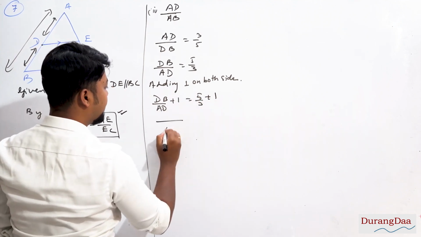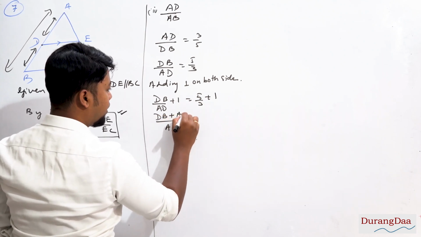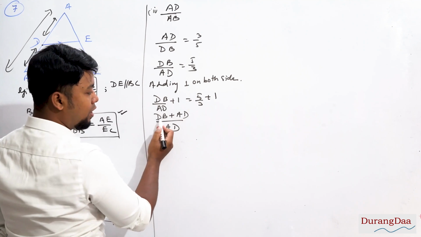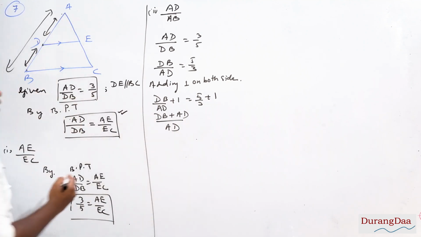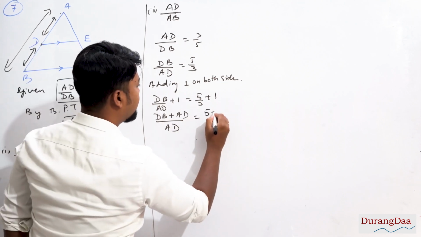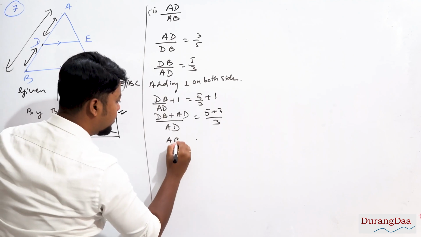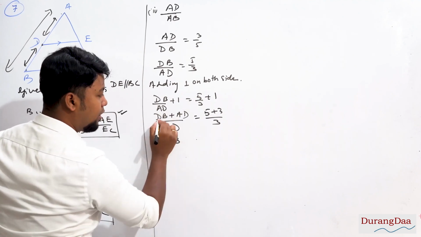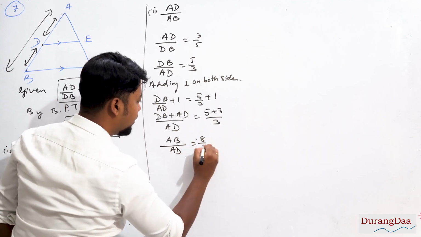Take the LCM. DB plus AD by AD. Now see here, we have got DB plus AD. This side it would be 5 plus 3 by 3. So DB plus AD, the full length, would be AB by AD equals 8/3.